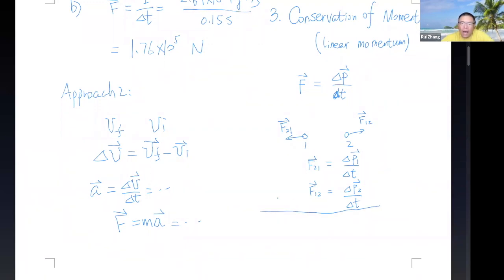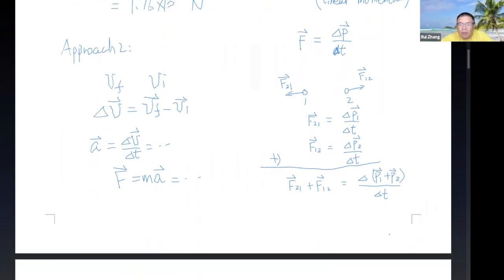We add these two equations together. On the left, we will have F21 plus F12. On the right, we will have delta (P1 plus P2) divided by delta T.